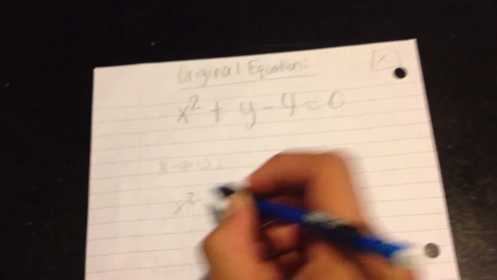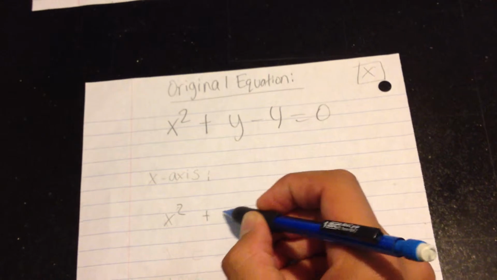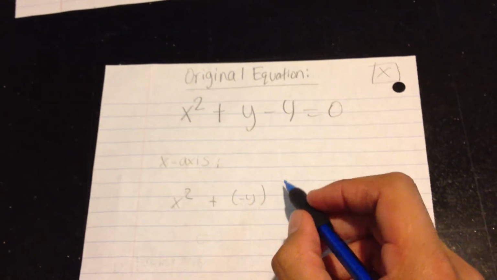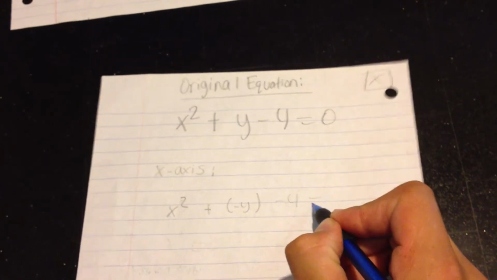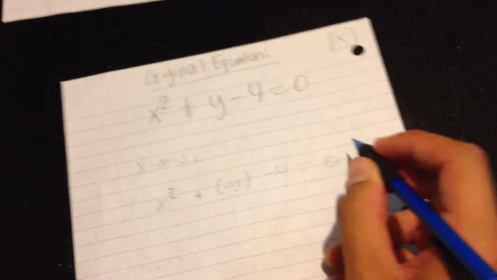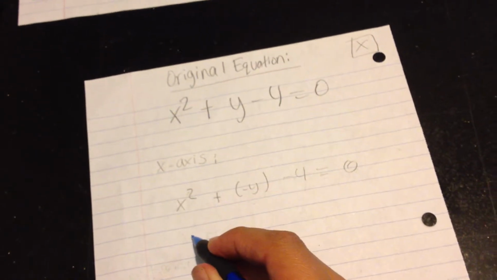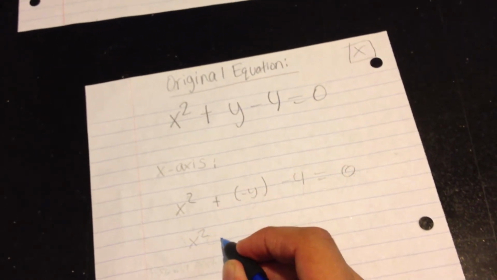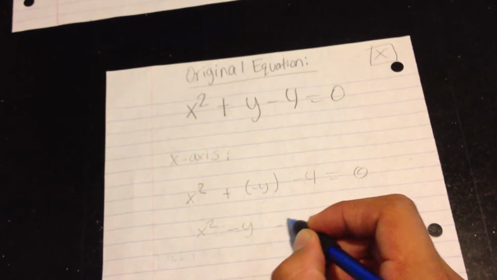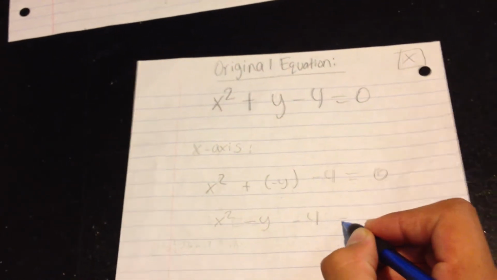X squared stays the same, plus a negative y in replacement for that y, minus 4 is equal to 0. X squared stays the same, minus y, minus 4 is equal to 0.